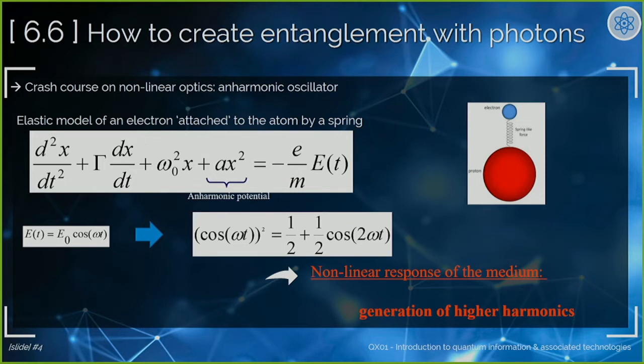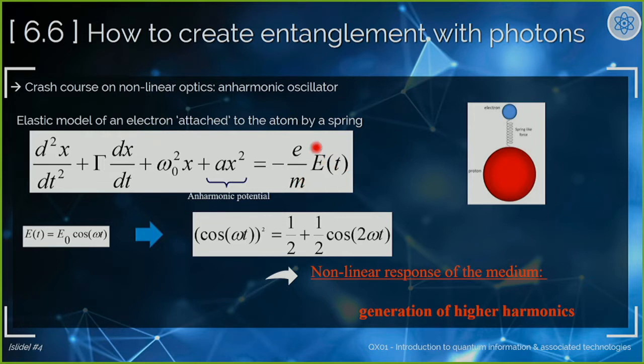For that, the starting point, as a quick reminder, we went through that, so I'm not going to go through that again. But the idea is to see matter as being a series of atoms and electrons together in a piece of material, in a piece of crystal, and then see that the electron is linked to the atom by a harmonic oscillator. If you do this, you can show that Newton's equation will look like this.